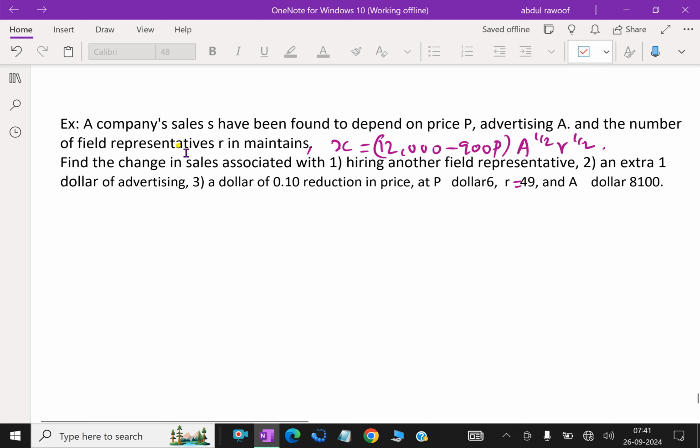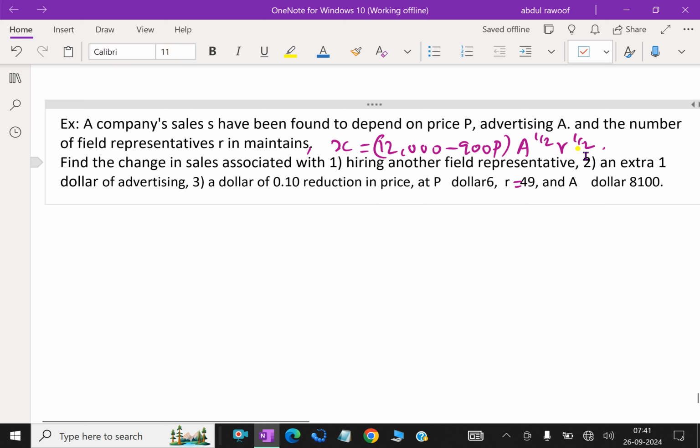A company's sales have been found to depend on price P, advertisement A, and the number of field representatives R, in the given function. Find the change in sales associated with hiring another field representative and an extra $1 of advertising.